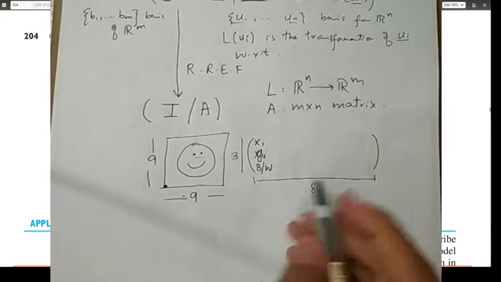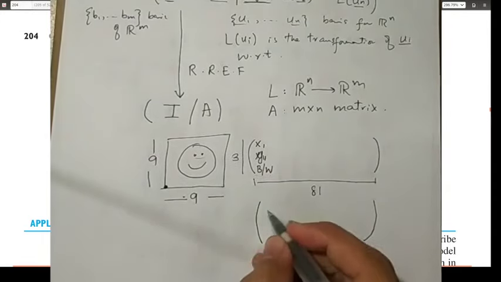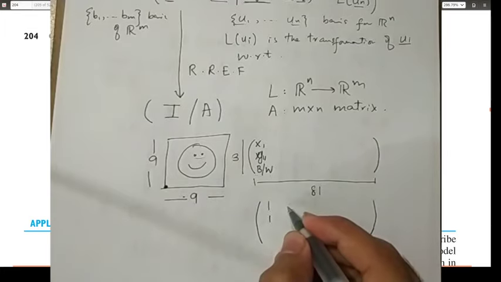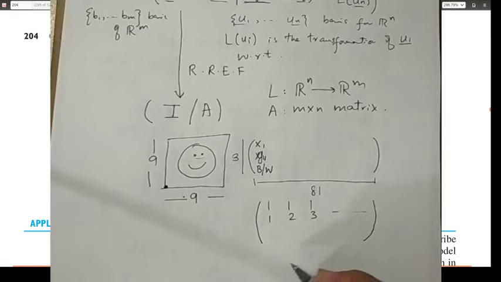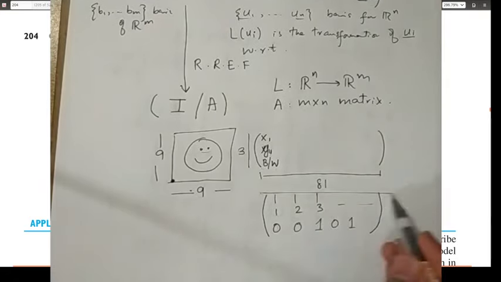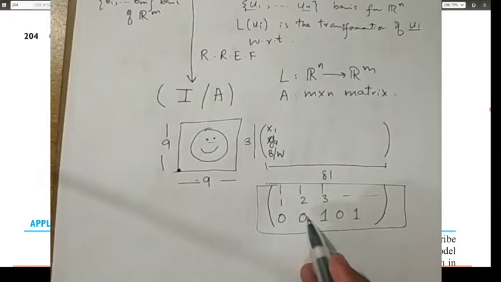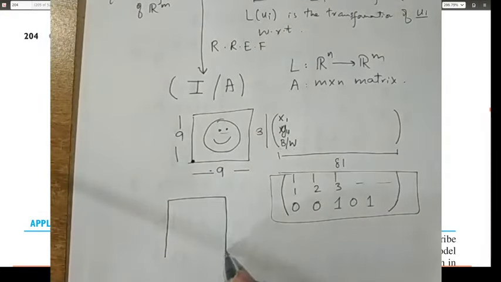Let's suppose I have this matrix, let's just make a matrix: 1, 1, next will be 1, 2, 1, 3, let's suppose these are the coordinates. And let's suppose this was 0, this was 0, this was 1, this was 0, this was 1. So if this is the matrix, I can make an image out of this matrix as follows. Let's suppose this is my canvas.